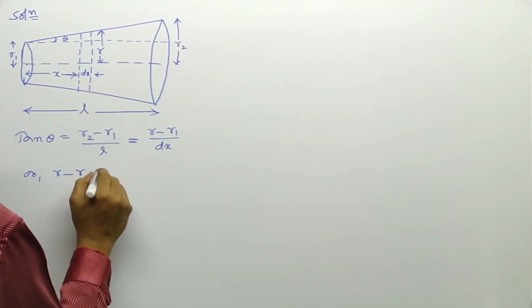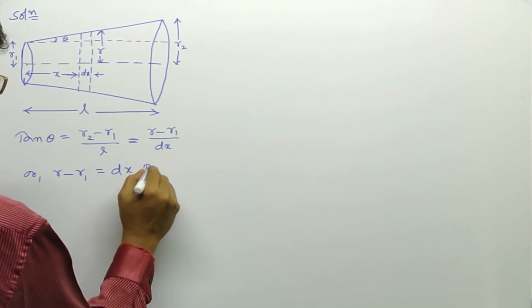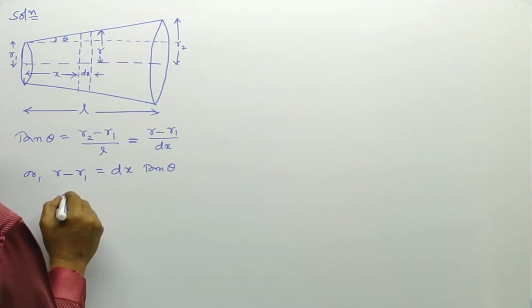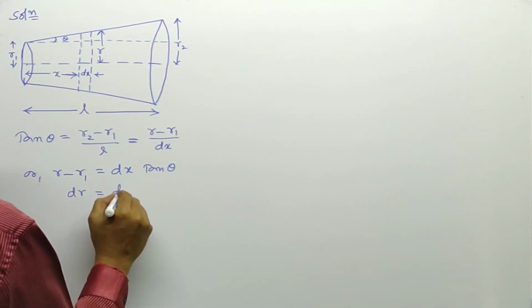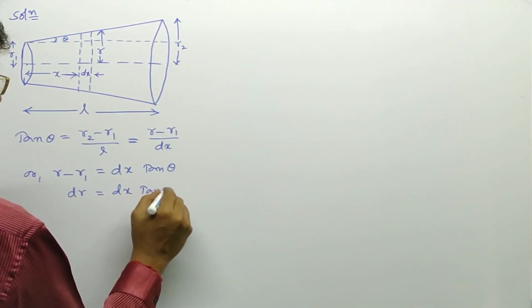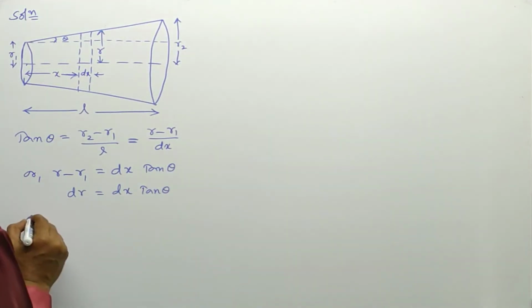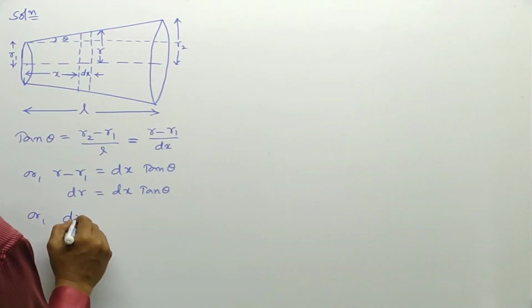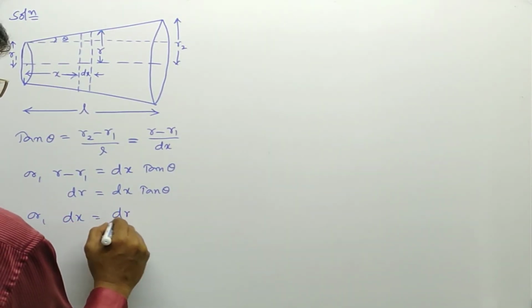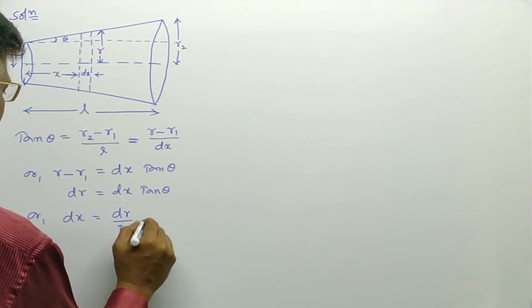R minus R1 is equal to dx into tan theta, or dr is equal to dx tan theta, or dx is equal to dr by tan theta.